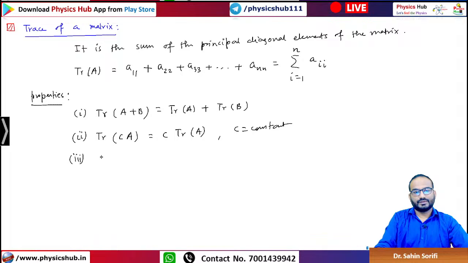Now the trace of the product of two matrices, let's say AB, will be the same as the trace of the reverse product BA.